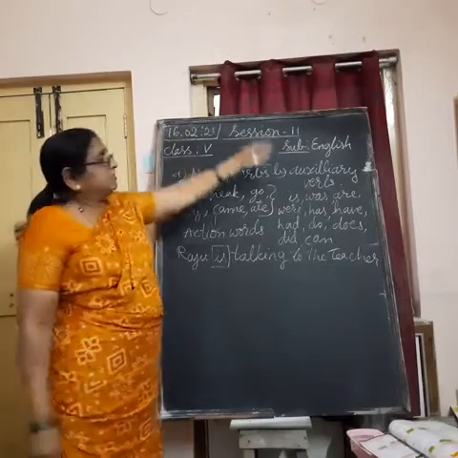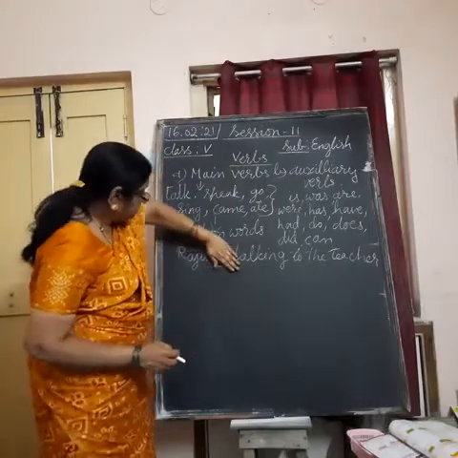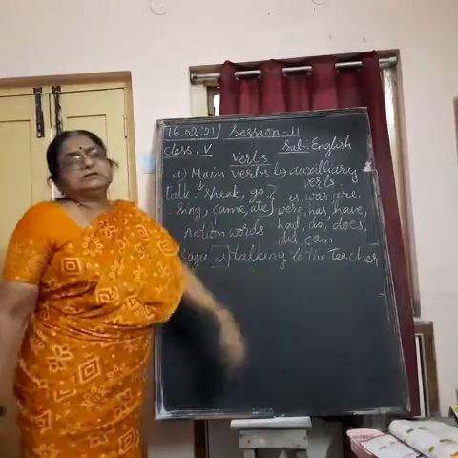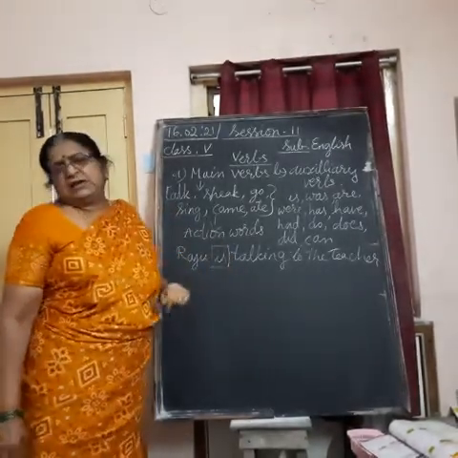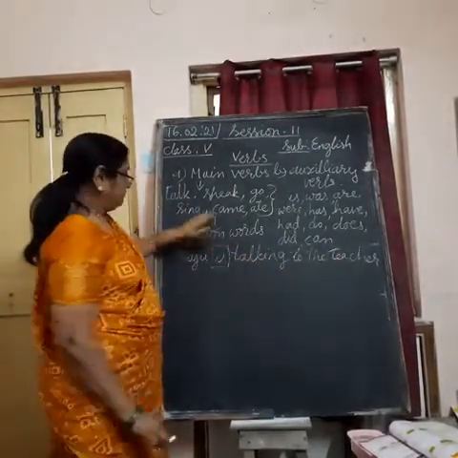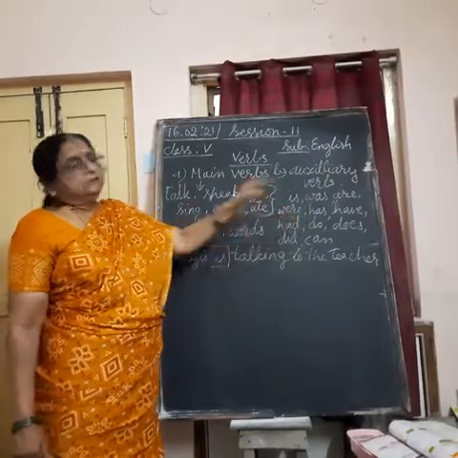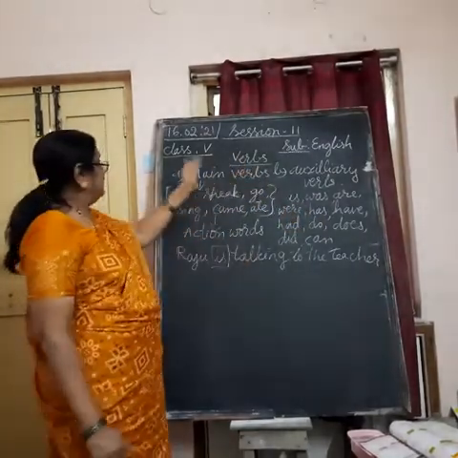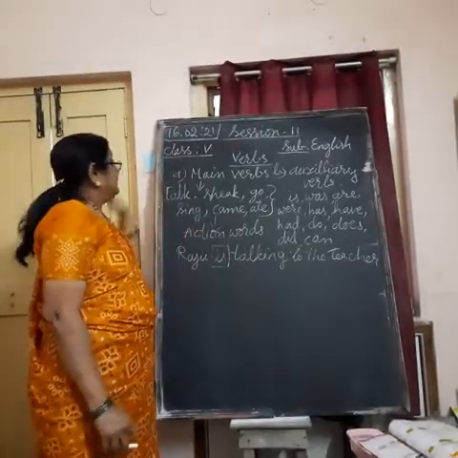Understand? Without auxiliary verb, if you write the verb, it cannot suit the sentence, it doesn't give any meaning. For example, Ravi talking to the teacher cannot give you meaning. The sentence becomes wrong here. If you write is, then your sentence becomes correct. This is how auxiliary verb helps the main verb to make the sentence.